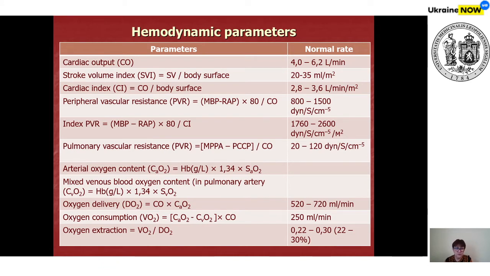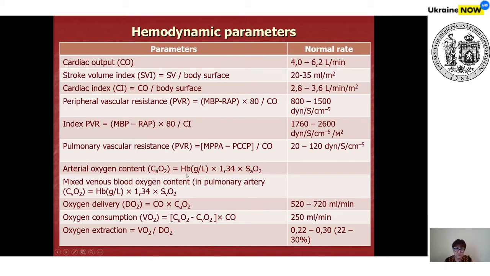So, for calculation of content of oxygen in arterial blood, you can use this formula. 1 gram of hemoglobin can carry 1.34 milliliters of oxygen. So, hemoglobin multiplied by 1.34 and multiplied by saturation of hemoglobin in arterial blood with oxygen.